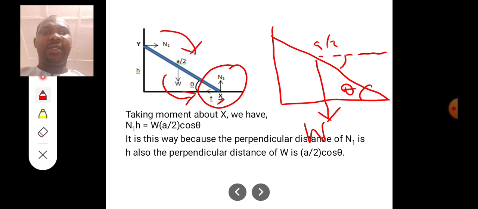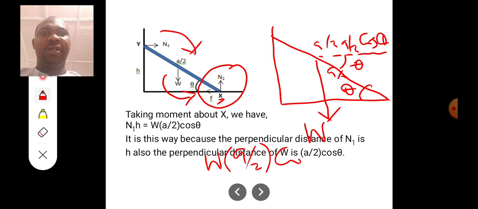And this is theta also because of alternate angles. So if this distance is A over 2, the perpendicular distance will be A over 2 cos theta, according to resolution of force. So the moment will be weight times A over 2 times cos theta. That is how it works.